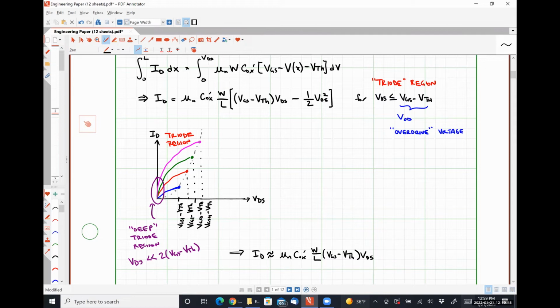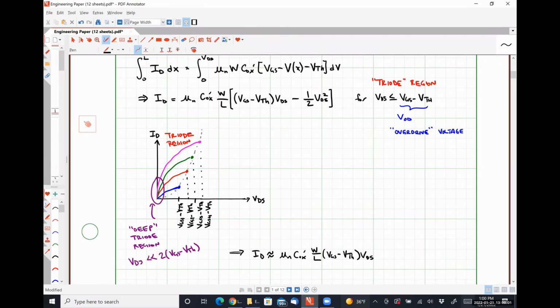Multiplied by VDS. So effectively, if VDS is much smaller than our overdrive voltage, we can throw away the square bit, because when we square something small, it's even smaller. Right?